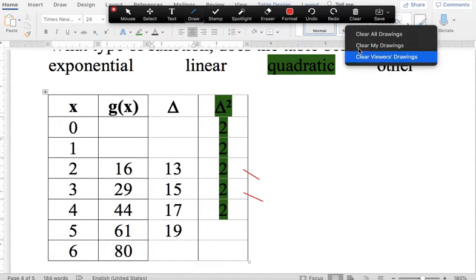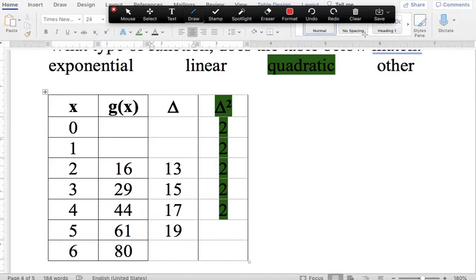So when I was heading in this direction, 13 plus 2 gave me 15. 15 plus 2 gave me 17. 17 plus 2 gave me 19. And this was all pluses going in the down direction.